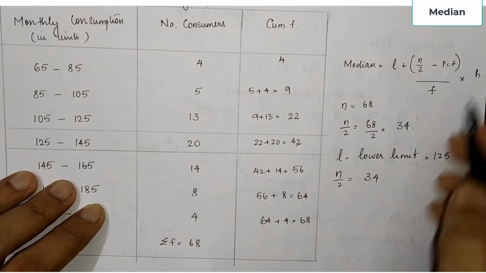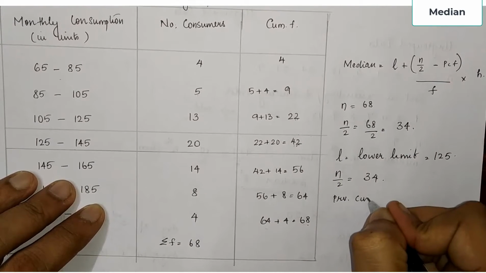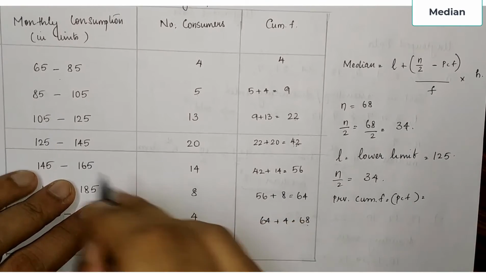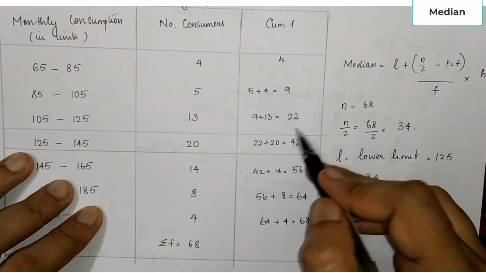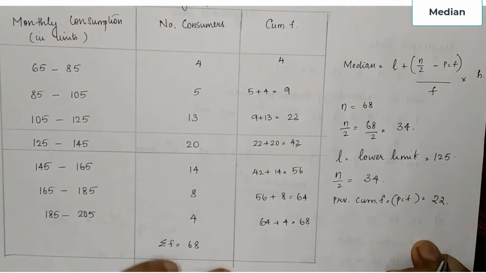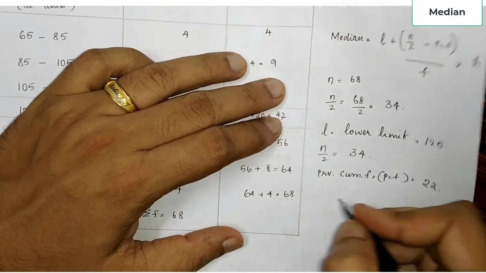Now this PCF is previous cumulative frequency. Previous cumulative frequency is this. Just before that, what is the cumulative frequency? It is equal to 22.